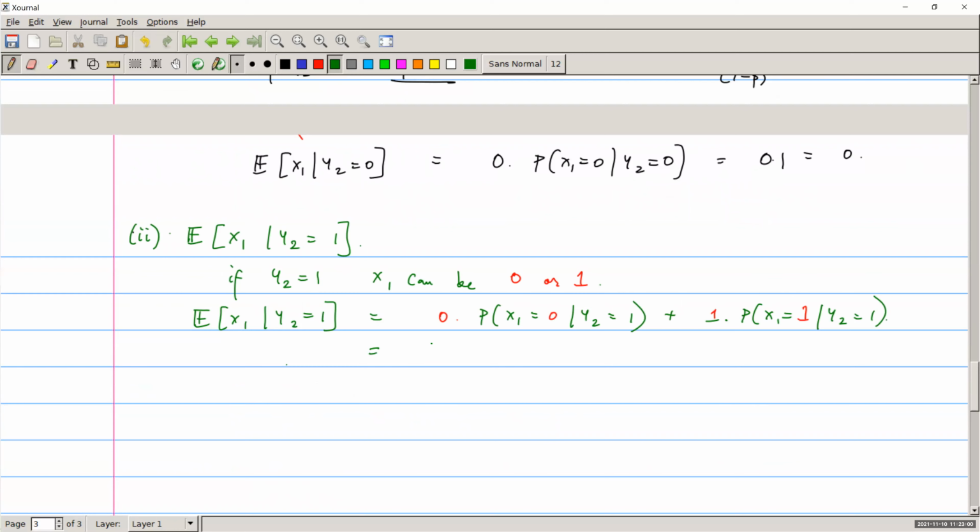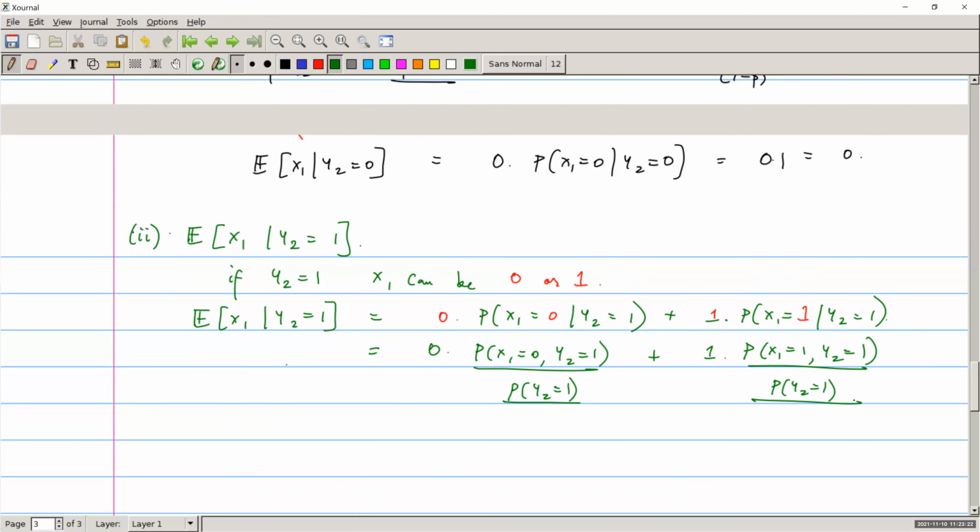This will be 0 times probability x1 equals 0, y2 equals 1 divided by probability y2 equals 1, plus 1 times probability x1 equals 1, y2 equals 1, divided by probability y2 equals 1. Now this term is multiplied by 0, no point computing this term.